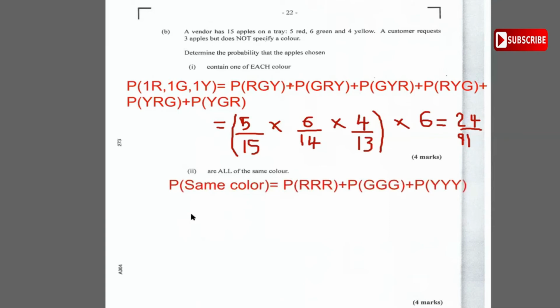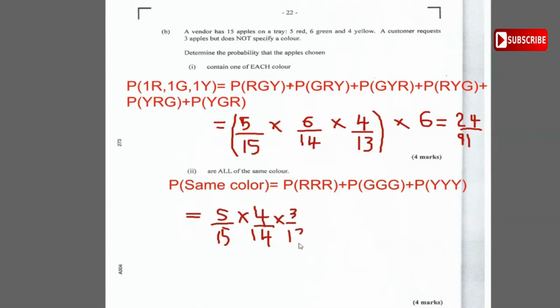The chances of getting red, red, red would be equal to, first you have 5 red, that's 5 out of 15, multiplied by, if you get 1 red first, on the second draw it would be 4 red out of 14. And then if you get another red, you have 3 red left, so it would be times 3 out of 13.